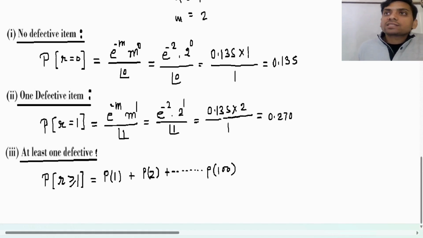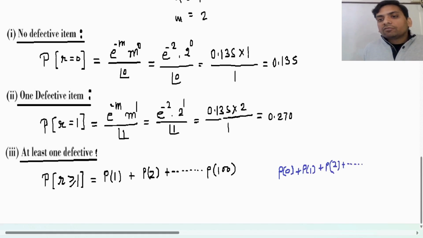Now how will you solve this? You can't find this total one by one. This is too time consuming. So you know the total probability is 1. So probability of 0 defect plus probability of 1 defect plus probability of 2 defect, up to probability of 100 defect, this total probability is always 1.